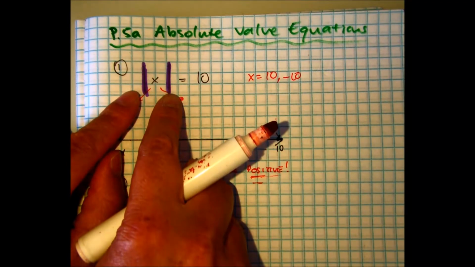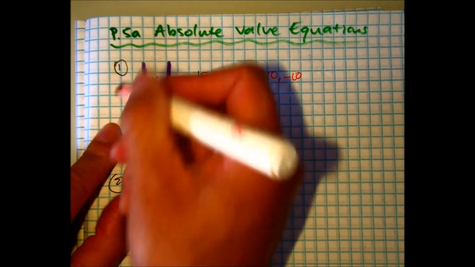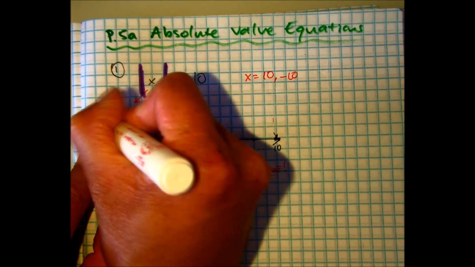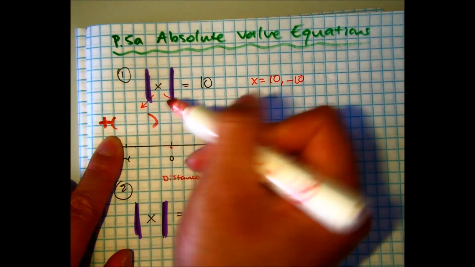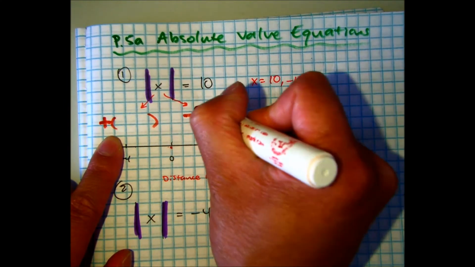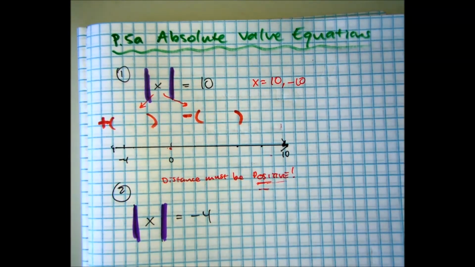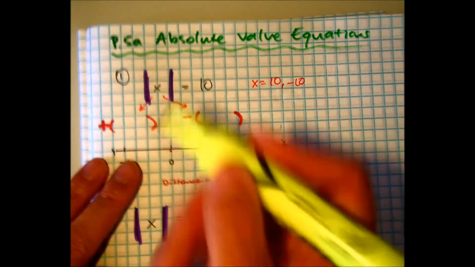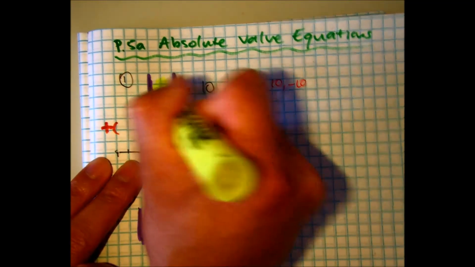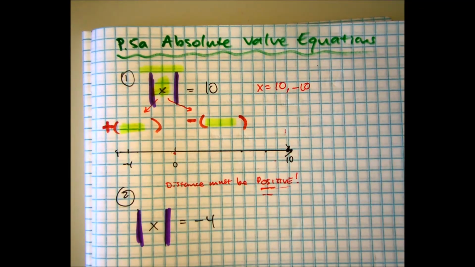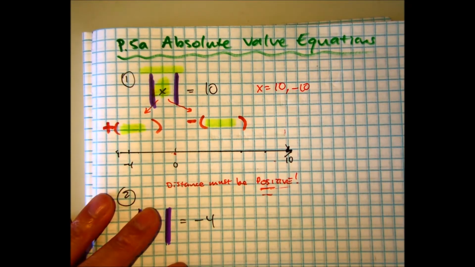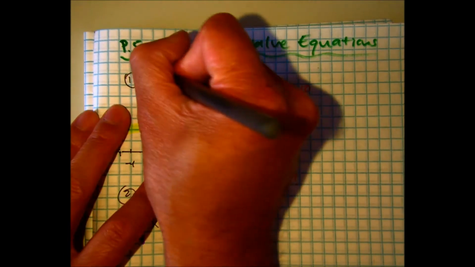When you see the absolute value signs, you're going to split them. And if you have a really bright marker, this is going to be very helpful. You're going to make one positive and one negative. And what you're doing there is you're basically taking the inside of the absolute value sign, and the inside of the absolute value sign is called the argument.